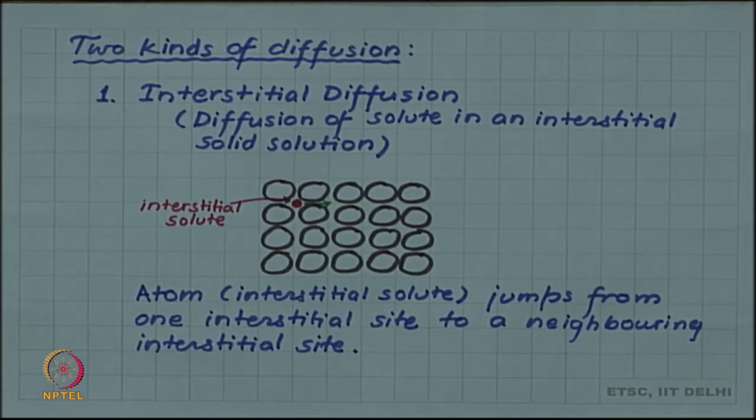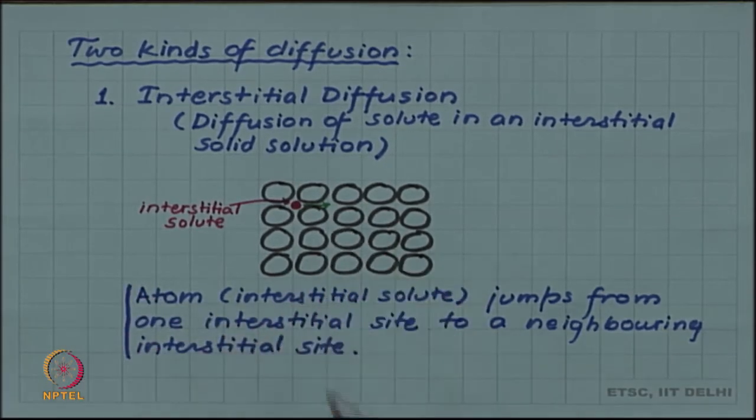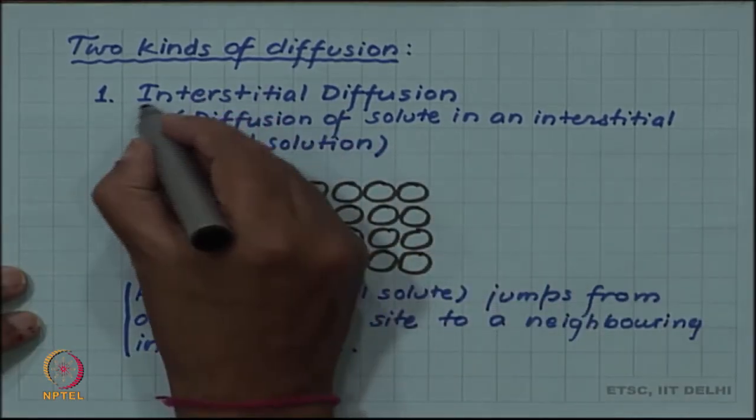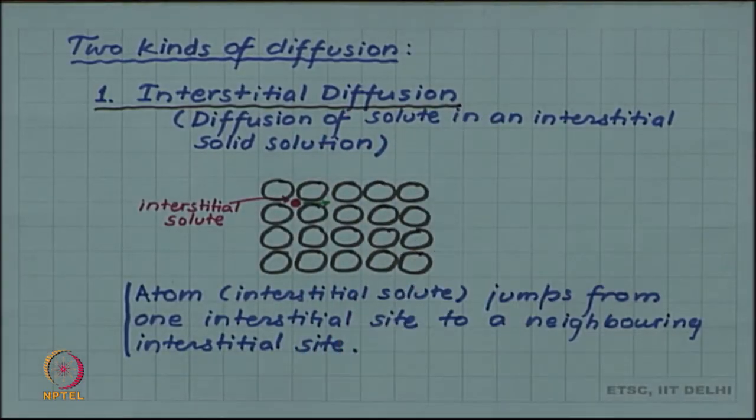So, this is a basic step. This jump shown by the arrow here is the basic unit of the diffusion, one single step, and several of such steps of several atoms in the crystal will give the kind of diffusion which is then governed by Fick's laws. So, this is our first kind of diffusion, interstitial diffusion.